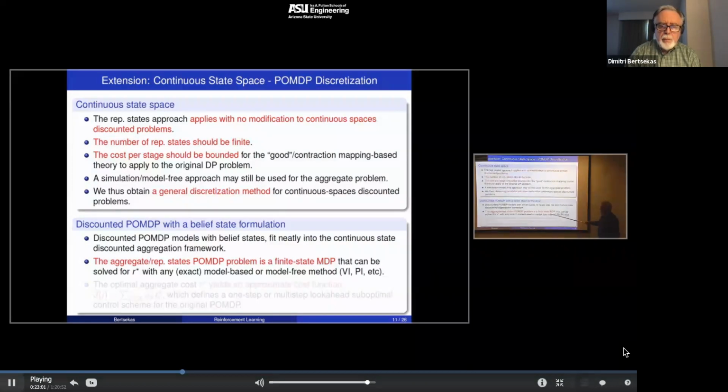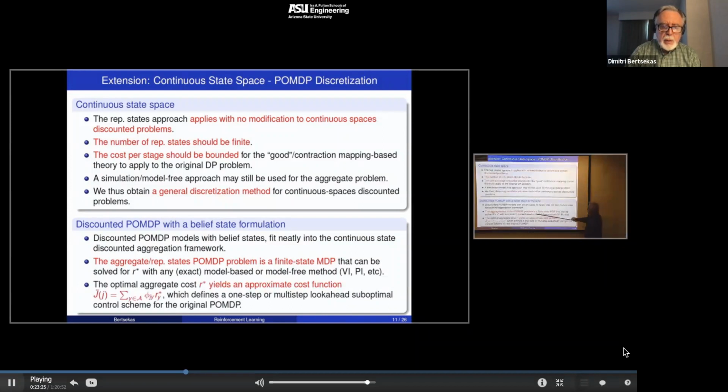We have a regular plain vanilla Markovian decision problem with perfect state information. It has a finite number of states, finite number of controls, because the POMDP is assumed to have a finite number of controls. And it can be easily defined and can be solved by any exact model-based or model-free method.